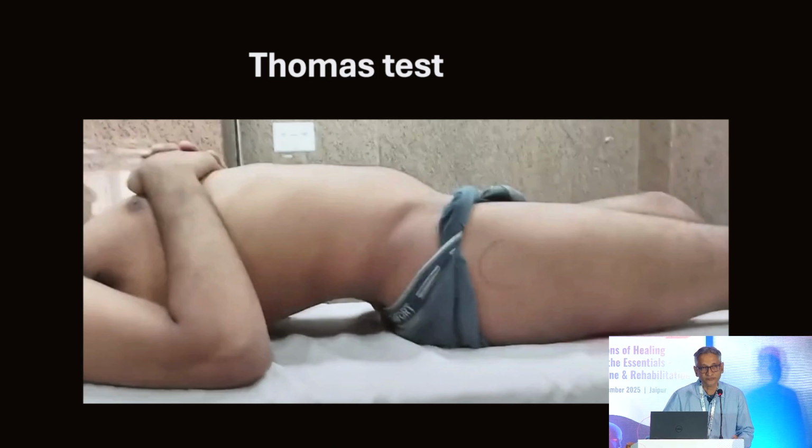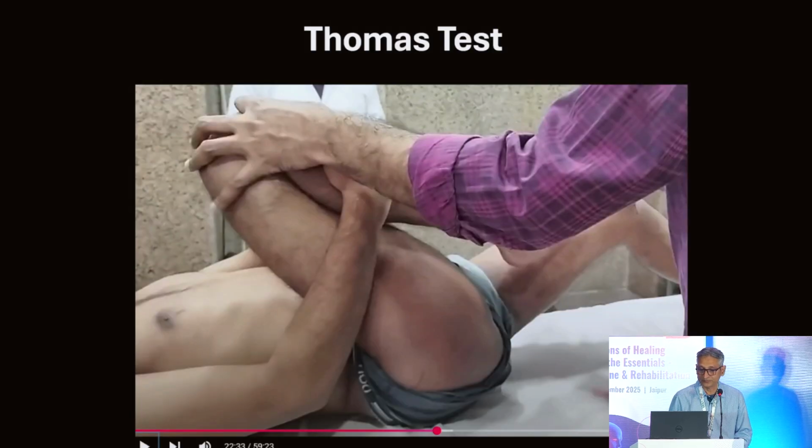When there is a bilateral flexion deformity, you can also do this test, either lying flat or prone. In bilateral cases you can do it in the lying down position. So this is the Thomas test. Definitely someone will ask about this test, so do it properly.